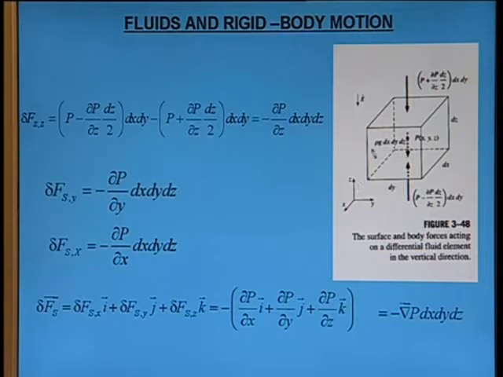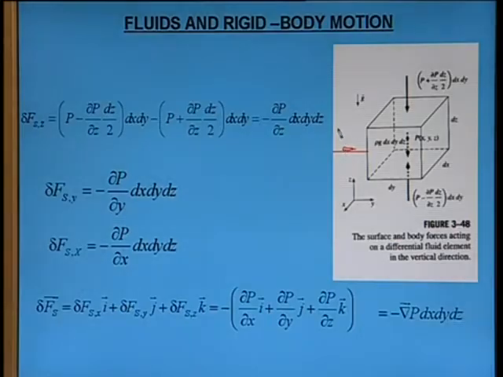So, P minus del P over del y. What is del P over del y? Pressure gradient in y direction. So, P minus del P over del y multiplied by the distance travelled in that direction. What is the distance travelled? It is equal to delta y divided by 2, because we have a centroid here. So, from the centroid we have moved only half distance. So, what is the pressure? P minus del P over del y multiplied by delta y over 2.